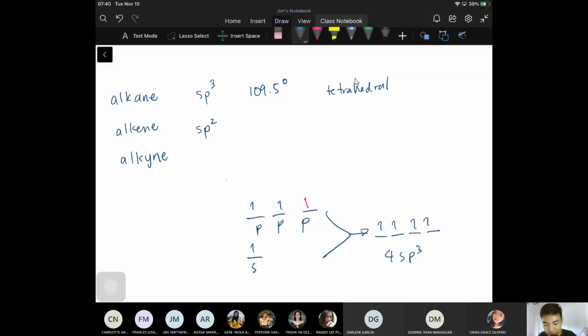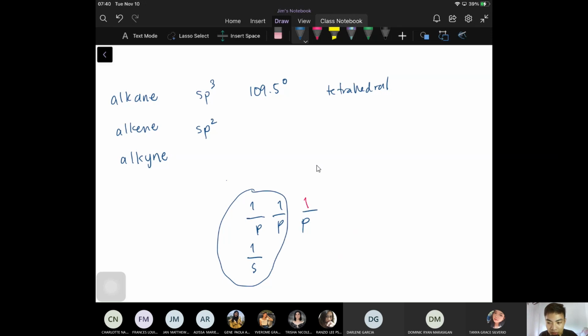No? For alkene naman, ang nangyayari is that hindi lahat ginagamit sa paggawa ng single bonds. So, that carbon will only use 3 orbitals. 1s and 2p orbital, kaya sp2. So, yan lang yung ginagamit niya for bonding.